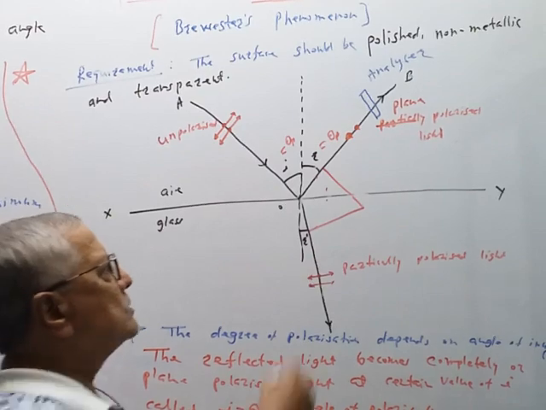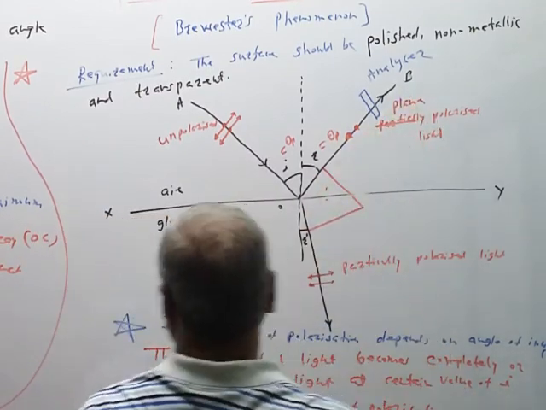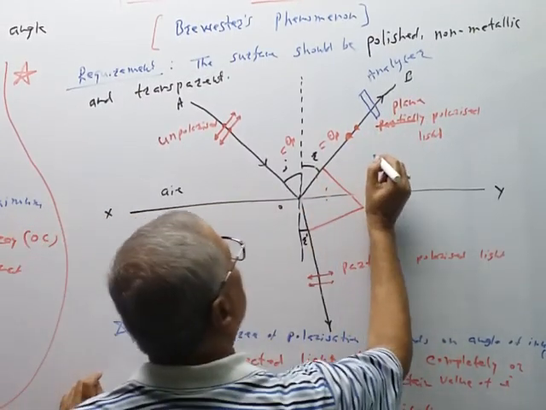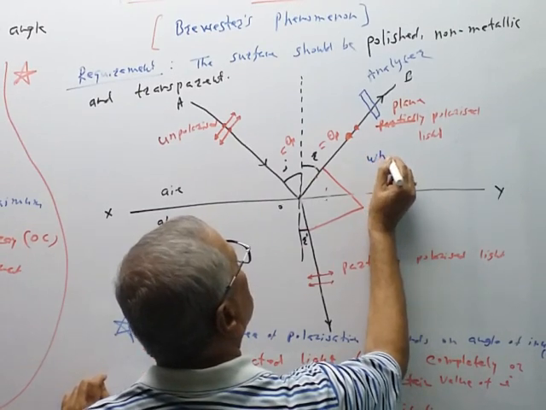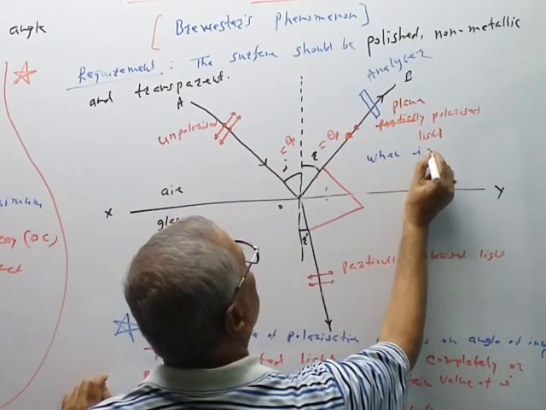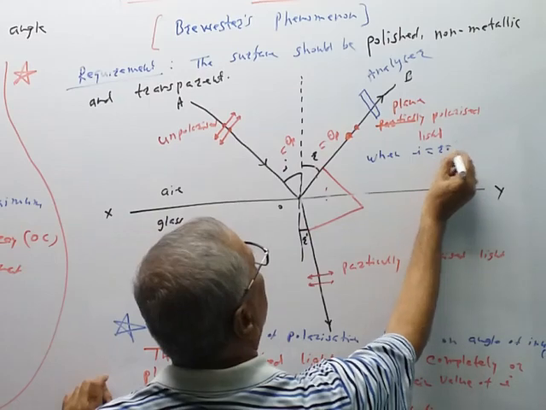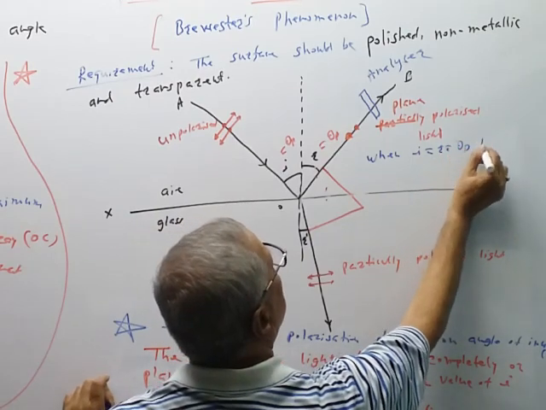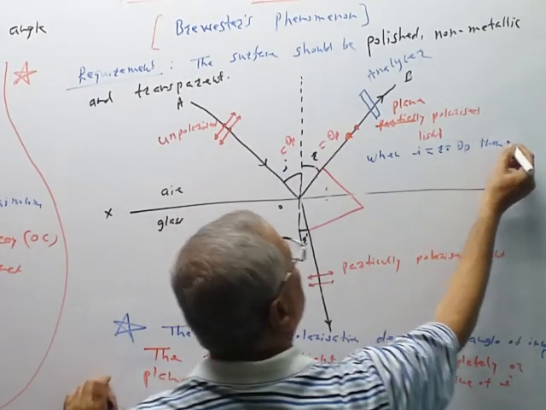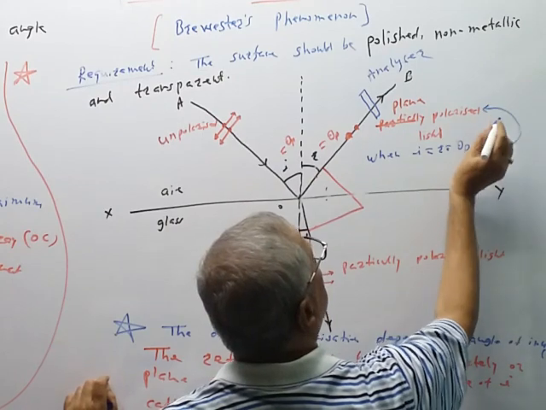So in this case, when I is equal to R is equal to theta p, then this happens.